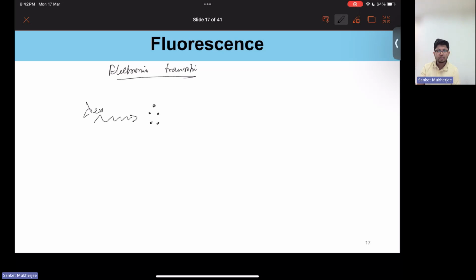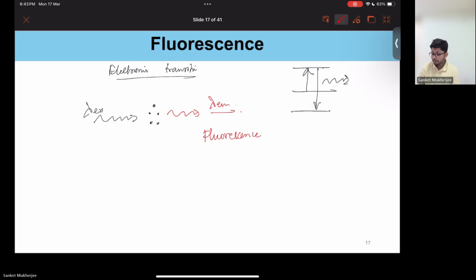It gets excited, gets into a higher energy state from a lower energy state, and then it comes back to a lower energy state. And in this process, it emits a light. That is called the emission wavelength, and we can measure this. This is called the process of fluorescence. The instrument used for this is a fluorimeter.